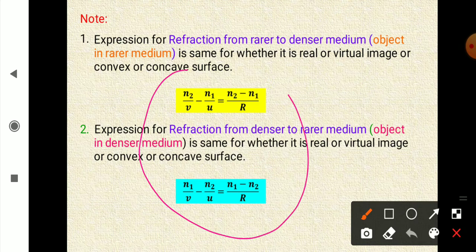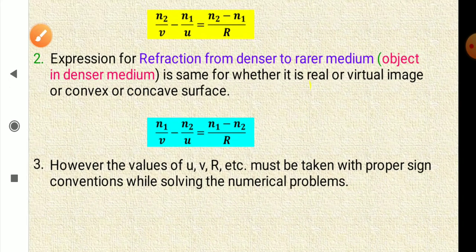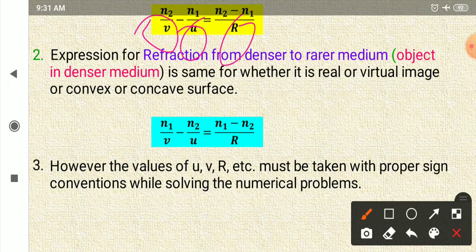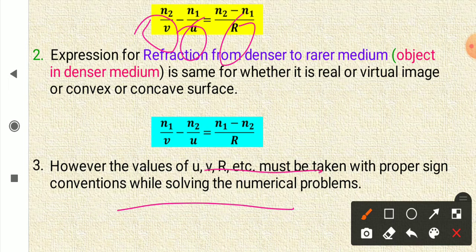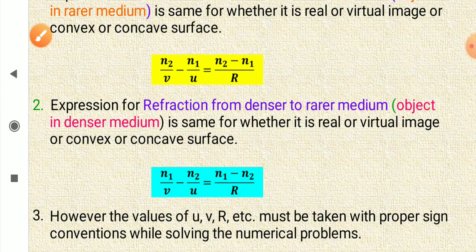Compare these two. You can see that the positions of n1 and n2 are changed. Remaining all terms are exactly same. But you have to take u, v, R with right sign convention while solving numerical problems. So you have to do all these derivations and ray diagrams also.